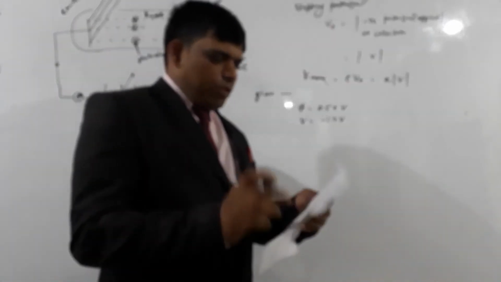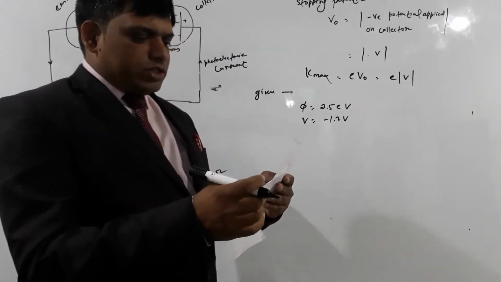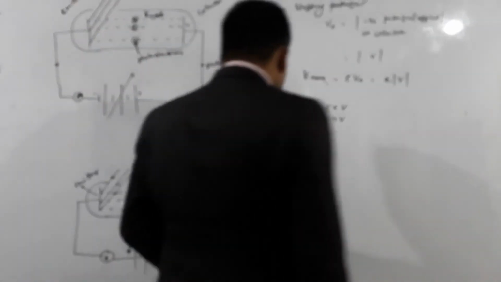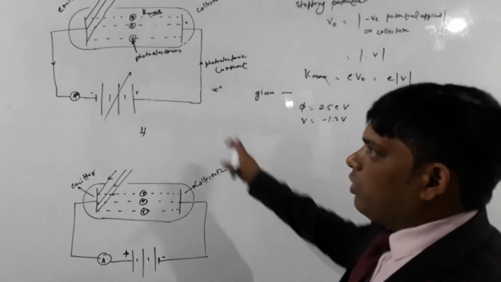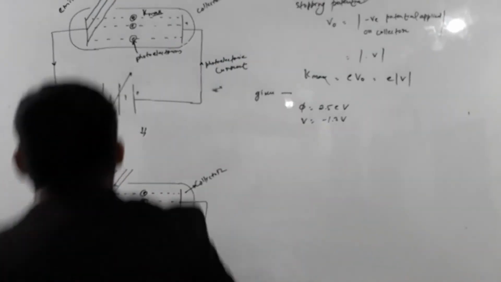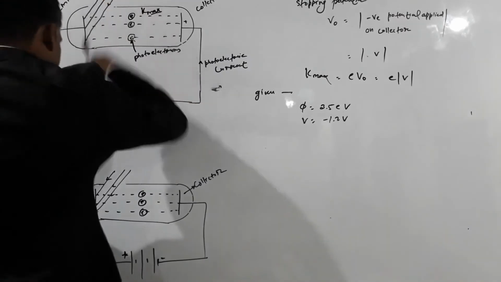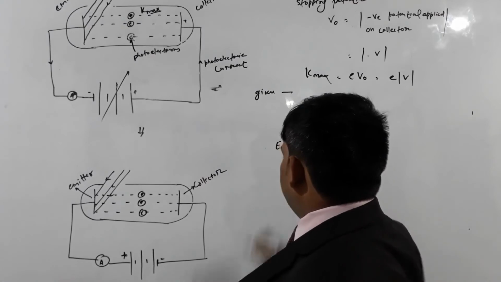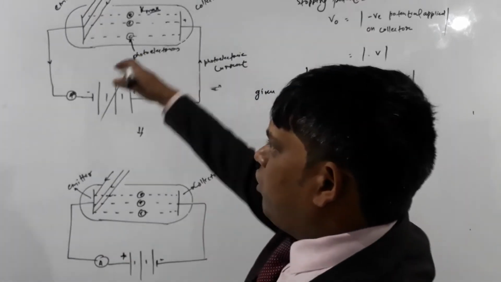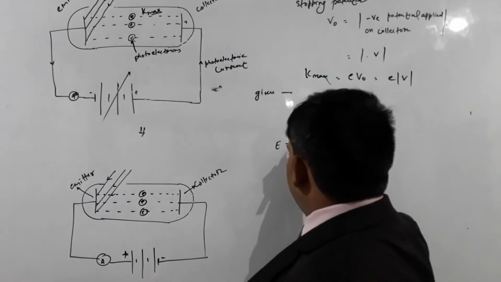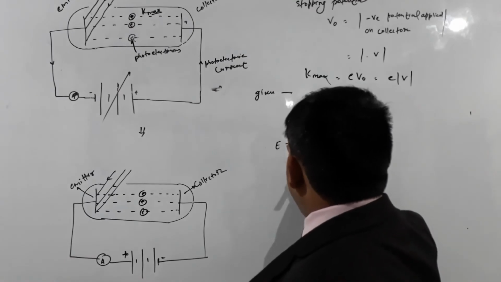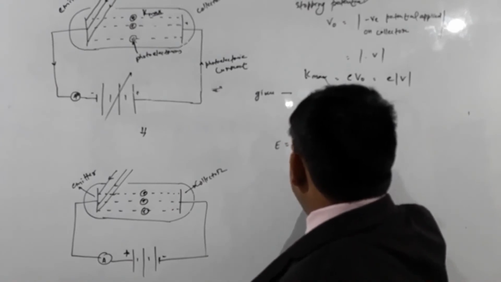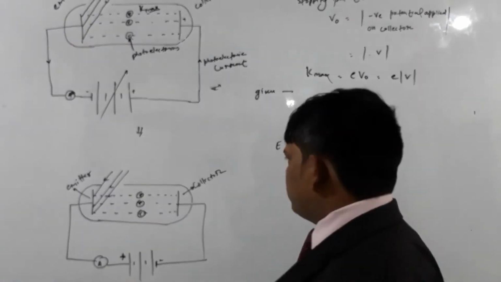Now we will check option A. The energy of the incident photon is 4.7 electron volt. Here, as we have already discussed, these are the incident radiation. The energy of the photon of the radiation falling on the emitter will be equal to the work function of the metal of the emitter plus the maximum kinetic energy of the photoelectrons.